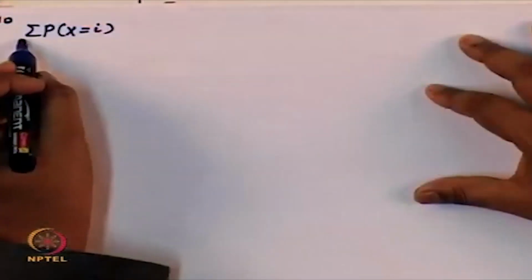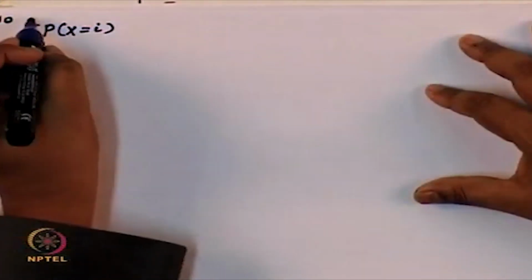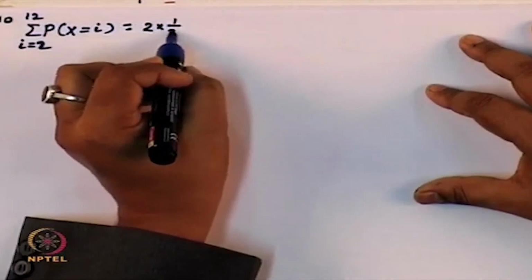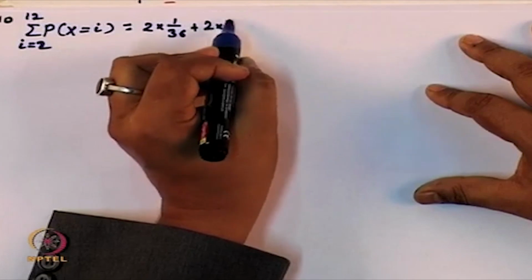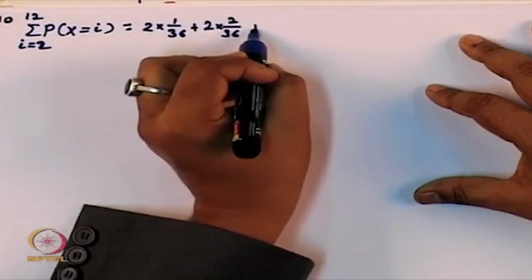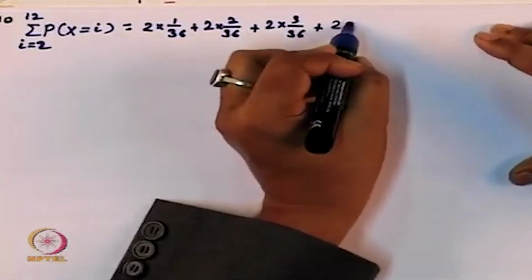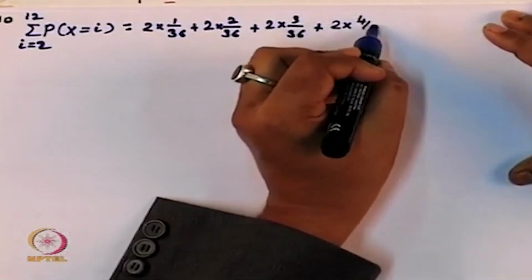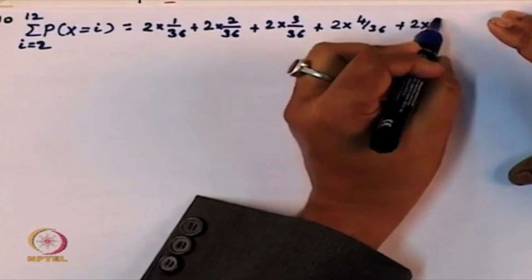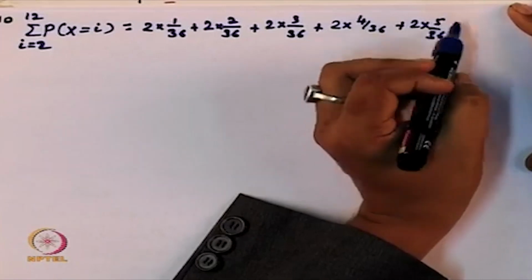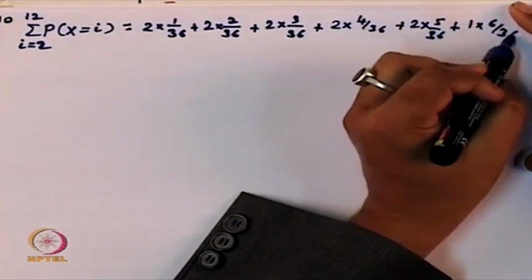So, I have the summation of probability of x equal to i, with values between 2 and 12, is nothing but 2 into 1 by 36 plus 2 into 2 by 36 plus 2 into 3 by 36 plus 2 into 4 by 36 plus 2 into 5 by 36 plus 1 into 6 by 36.